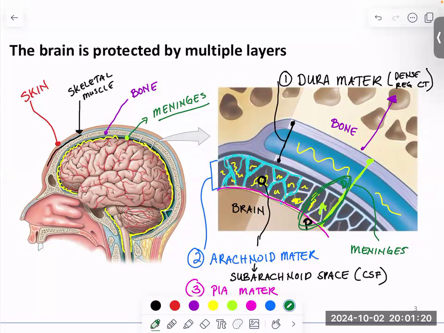I need you to remember the order of the meninges. If you've heard of meningitis, that is a bacterial infection in that fluid. That can be very dangerous, very fast, because you do not want a bacterial infection around your brain.